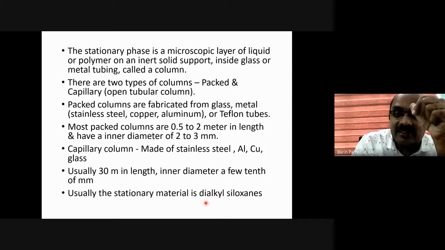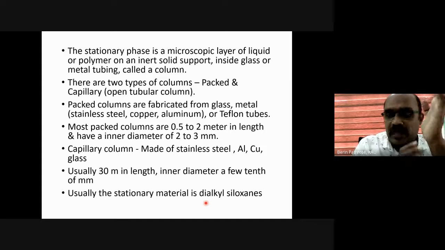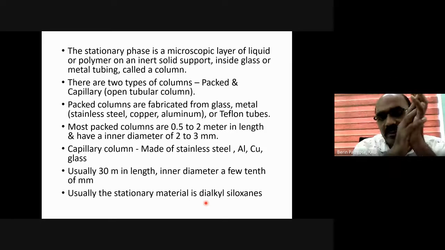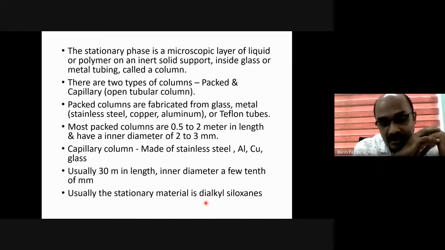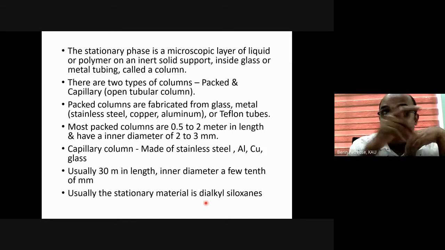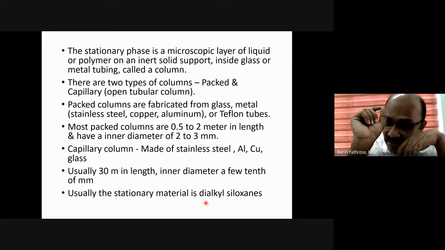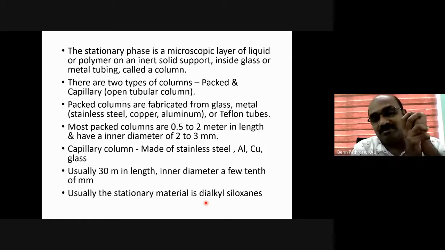And inside that column, whether it is a packed column or capillary column, the packed column is a bit wider but shorter in length. The capillary column is very fine, but longer, about 30 meter in length. This column will have a stationary phase, a solid stationary phase, and that solid will be coated with a liquid.